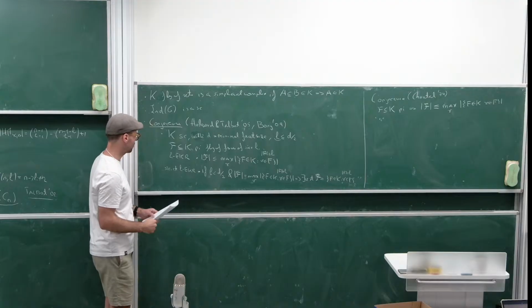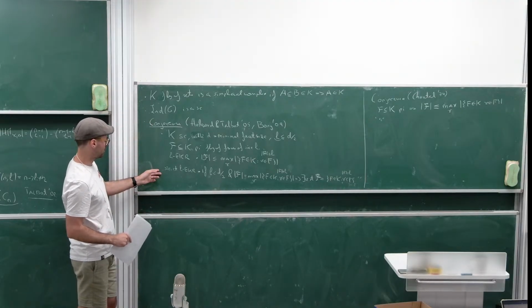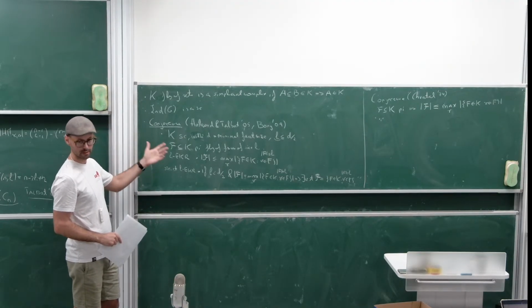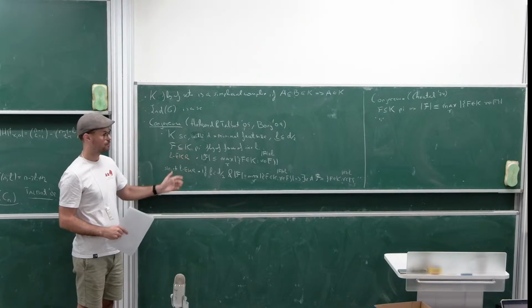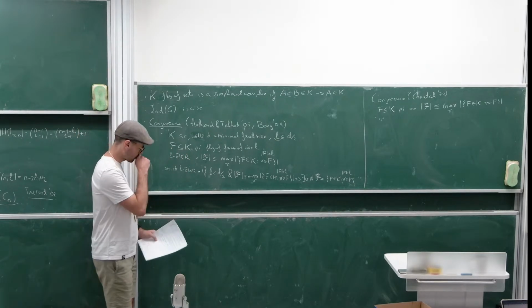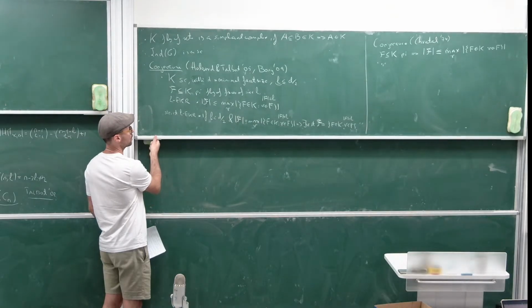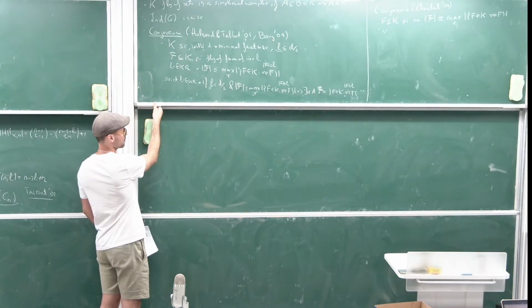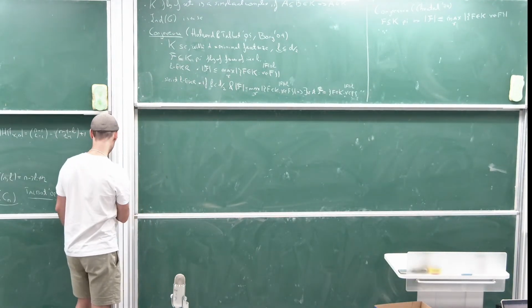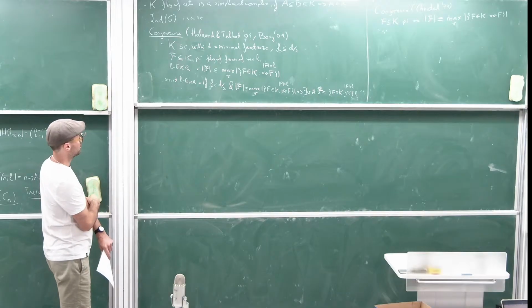Okay, so another example is if K is the simplex, then this is the Erdős-Ko-Rado theorem. So why the minimal facet cardinality? Why are we changing the parameter?